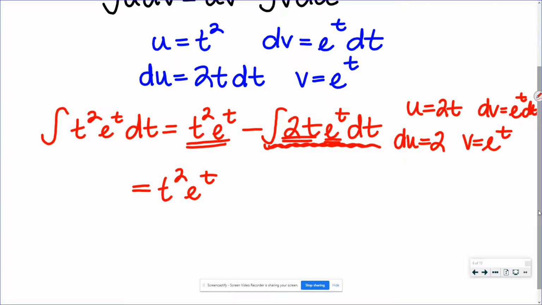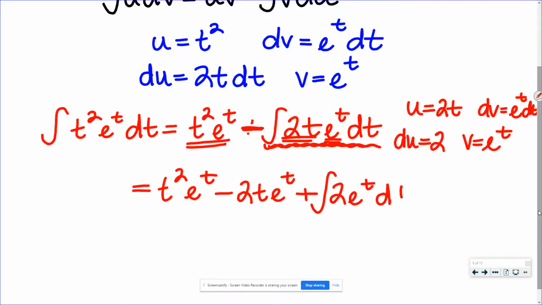So I'm setting up this little chart to help do integration by parts for this integral. So now I'm going to do my integration by parts. That would be uv, so 2t e to the t minus, but that becomes a plus because there's a subtraction sign right here, v du, so that would be 2e to the t dt.